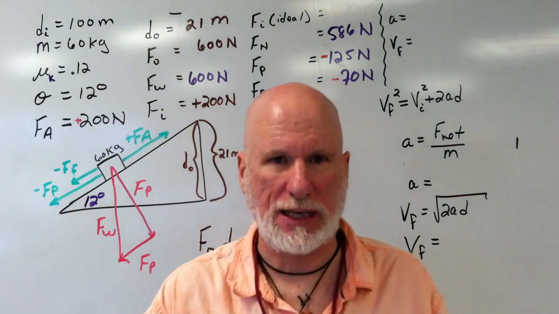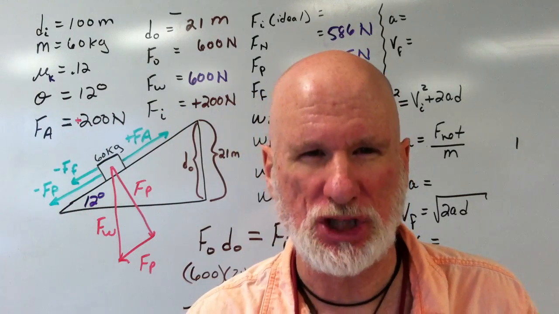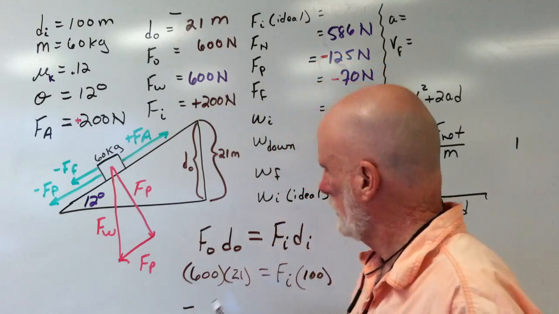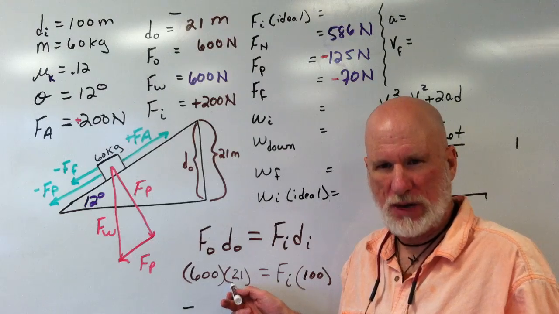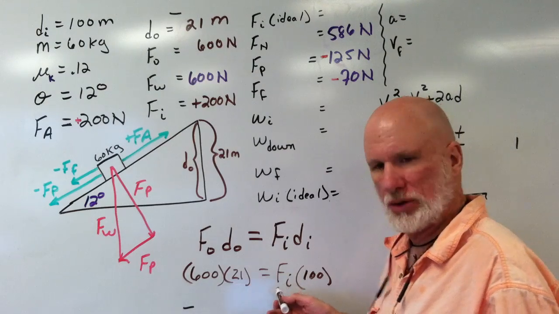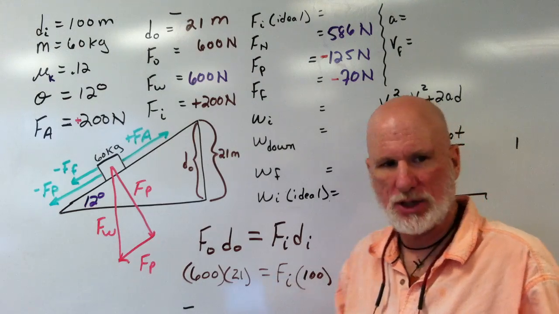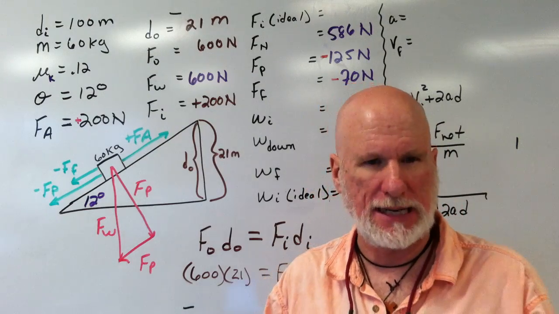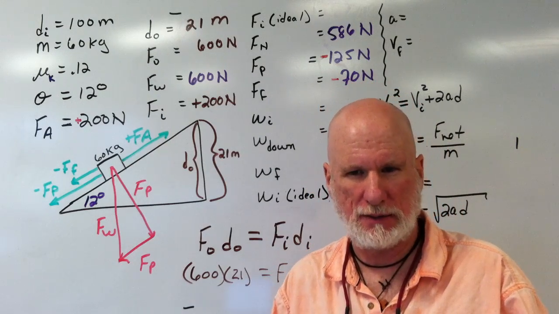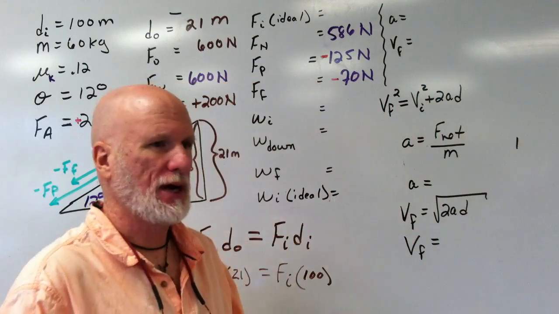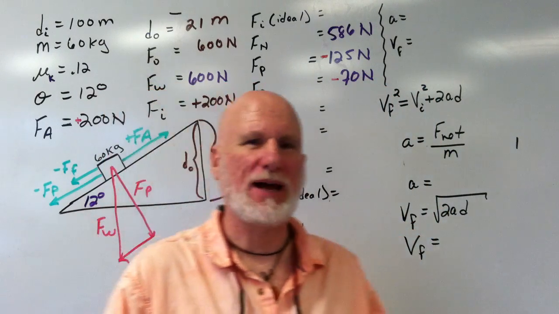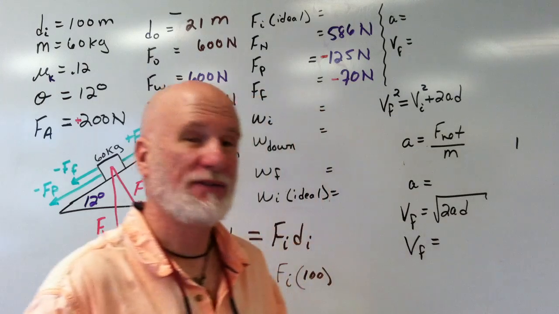I'm leaving off the unit labels. I always ask permission to do that. Is that okay? Yes. 600 newtons times 21 meters equals FI times 100 meters, okay? Do I have your permission? Excellent. God bless all hobbits living amongst us.